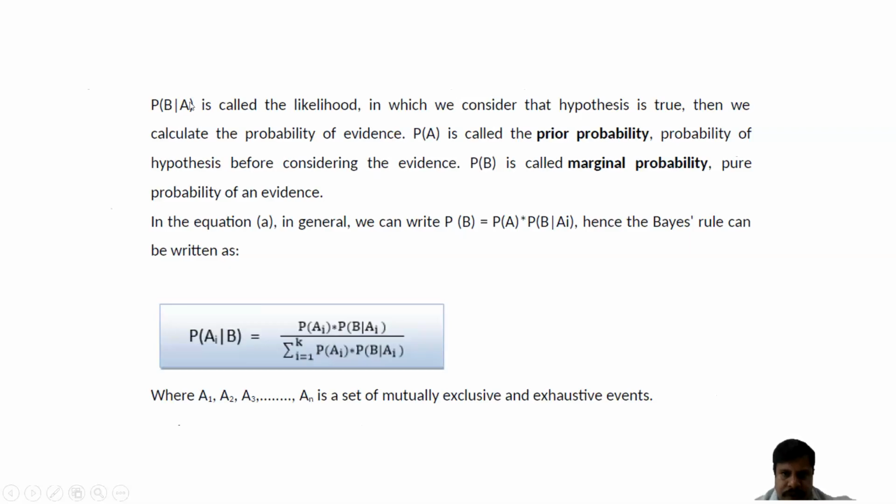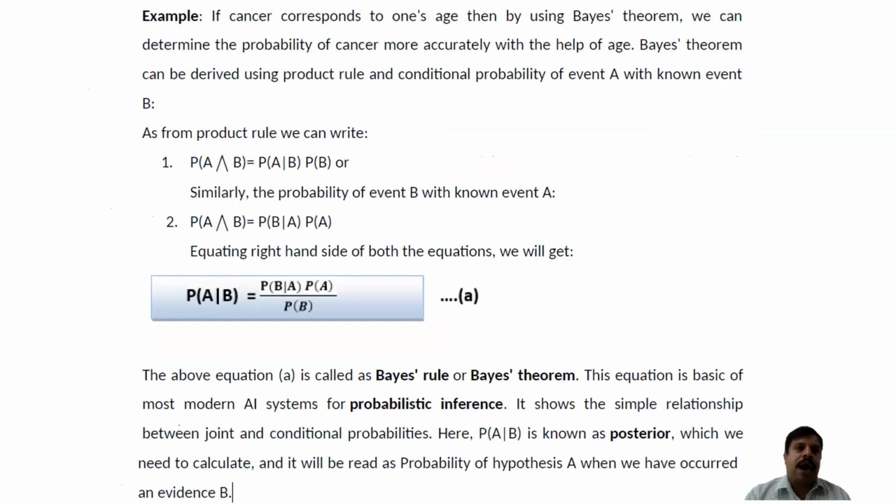That's why P of A is known as the prior probability, the probability of the hypothesis before considering the evidence. P of B is called the marginal probability, the pure probability of an evidence. So let us remember these two terms: prior probability and marginal probability.